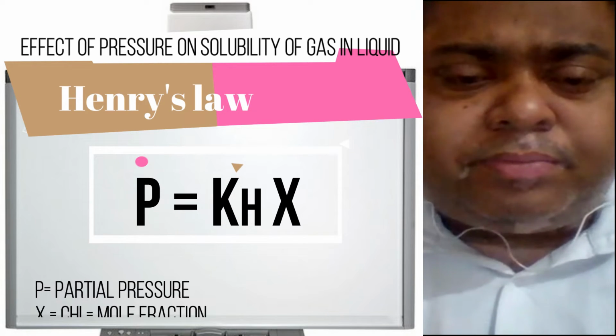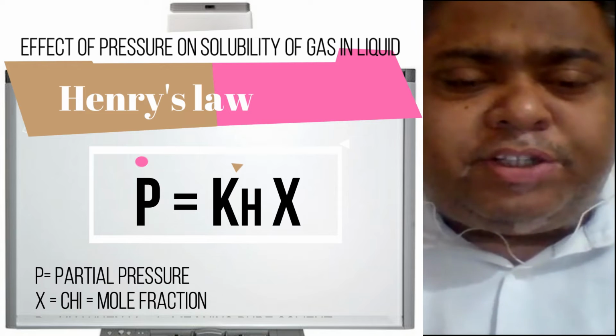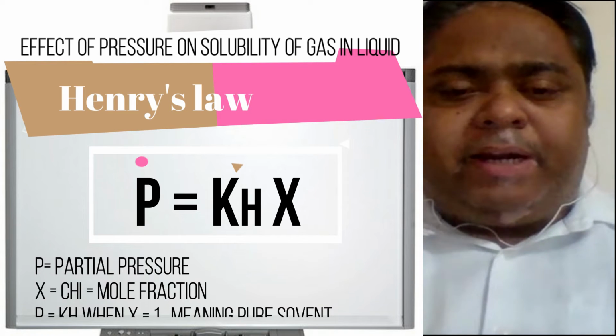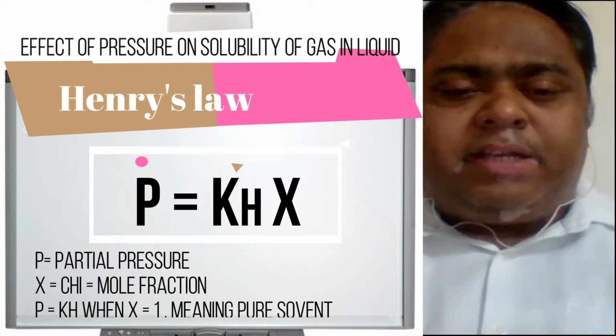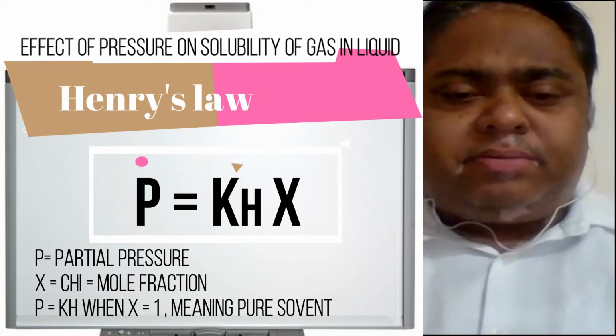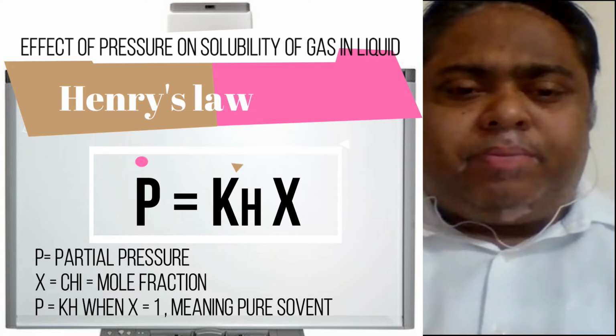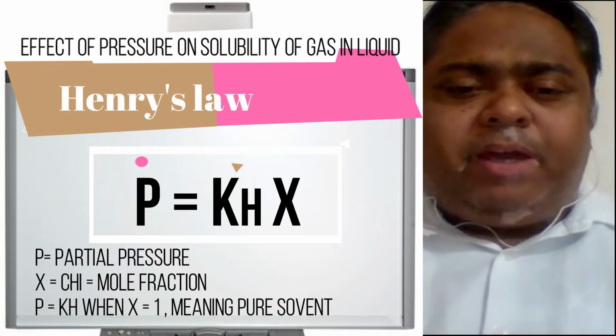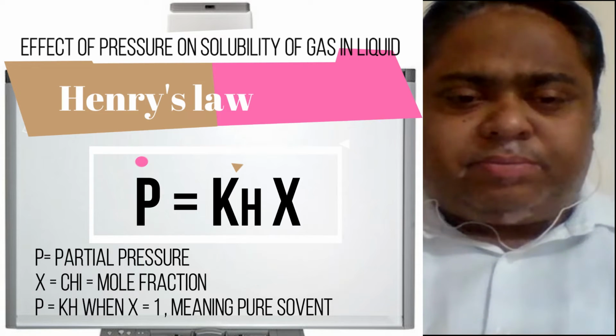Now we can change this proportionality relation into an equation by taking a constant called Henry's constant. So the pressure of a gas on a liquid, P, will be equal to Henry's constant multiplied by mole fraction.